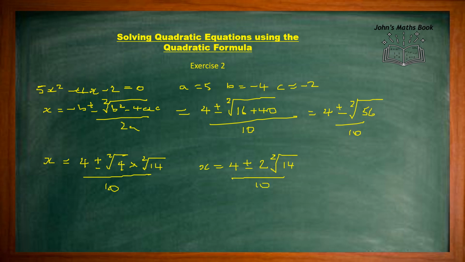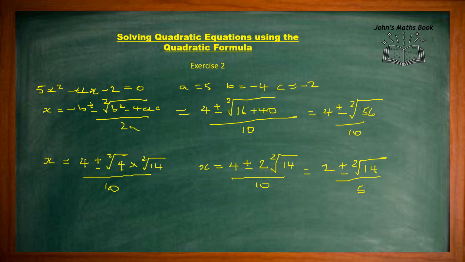So if we divide 2 into the numerator and the denominator of this, 2 into 4 goes twice, 2 into 2 goes once, so it's plus or minus 2 divided by 2 is 1, so we're just left with the square root of 14 divided by, and 2 into 10 goes 5 times.